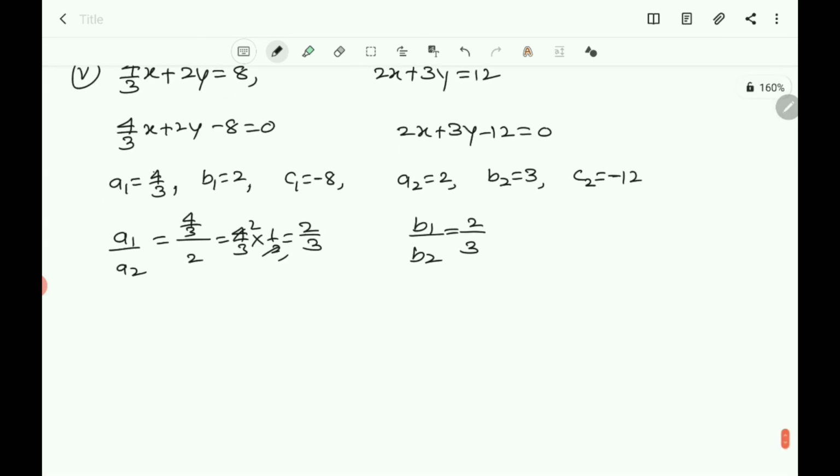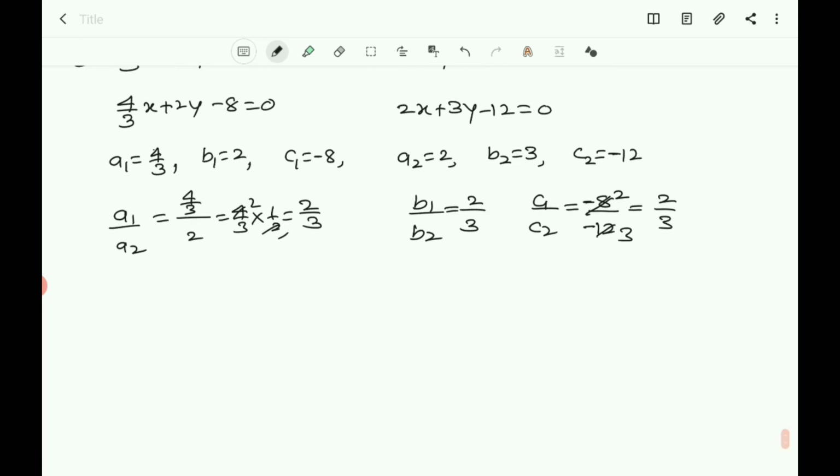Next c1 by c2. c1 is minus 8, c2 is minus 12. So minus 4 twos are minus 4 threes are. So you got 2 by 3. So your a1 by a2 is 2 by 3, b1 by b2 is also 2 by 3, c1 by c2 is also 2 by 3.